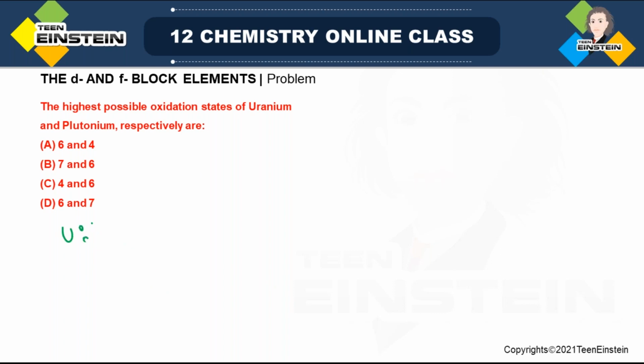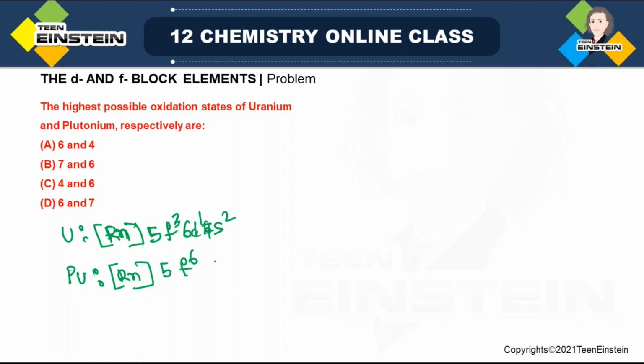So when we see the uranium configuration after Rn, the noble gas configuration, it is 5f3 6d1 7s2, and for plutonium again the same inert gas core, 5f6, no d electron, that means 6d0, 7s2.